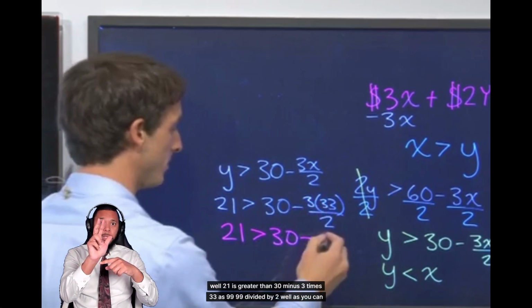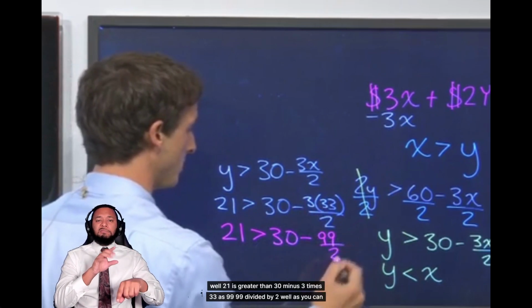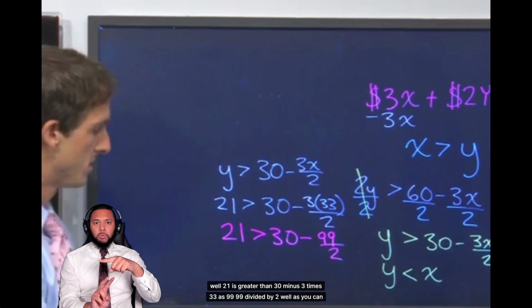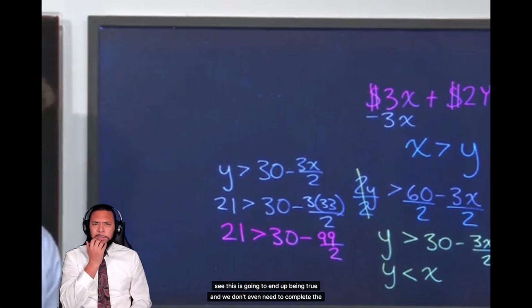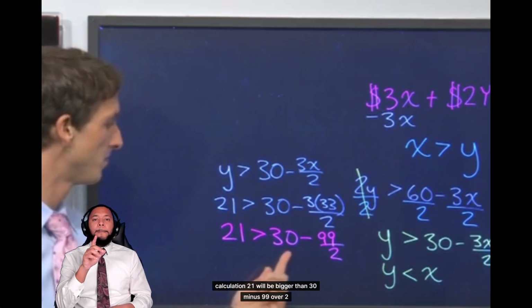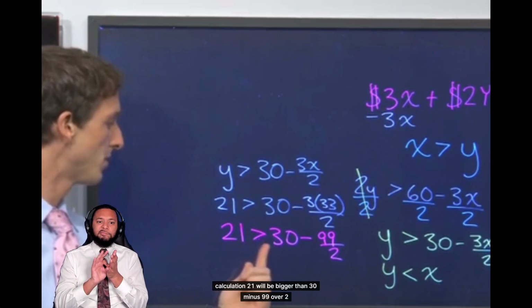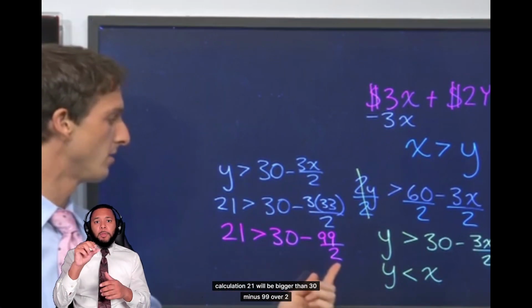That's 99, 99 divided by 2. Well, as you can see, this is going to end up being true, and we don't even need to complete the calculation. 21 will be bigger than 30 minus 99 over 2.